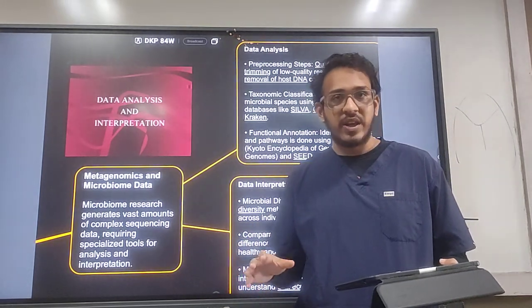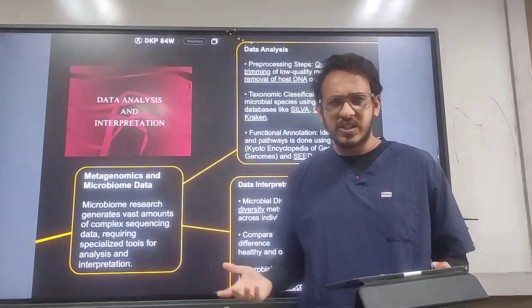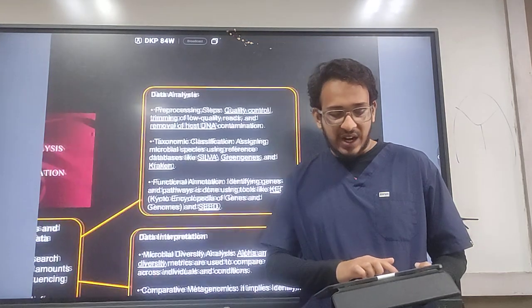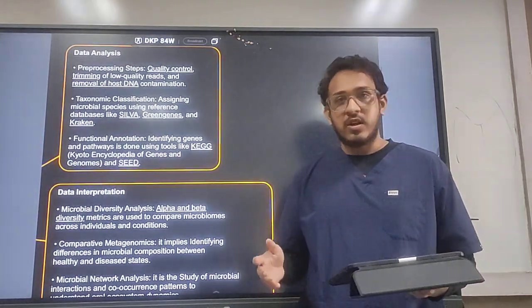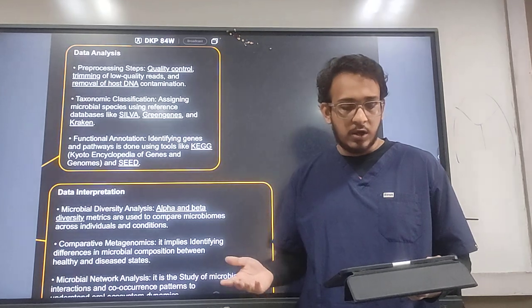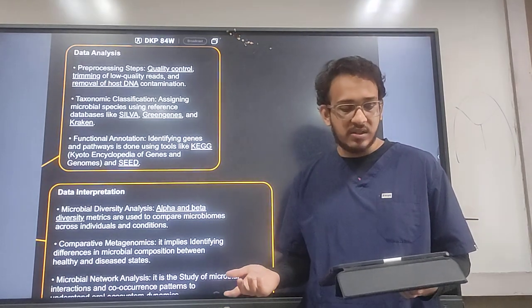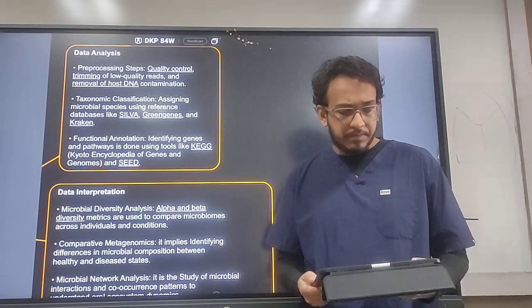It generates very vast and big data and requires specific tools for understanding and interpretation. The data analysis steps include quality control, trimming of low quality reads, and then removal of host DNA contamination.